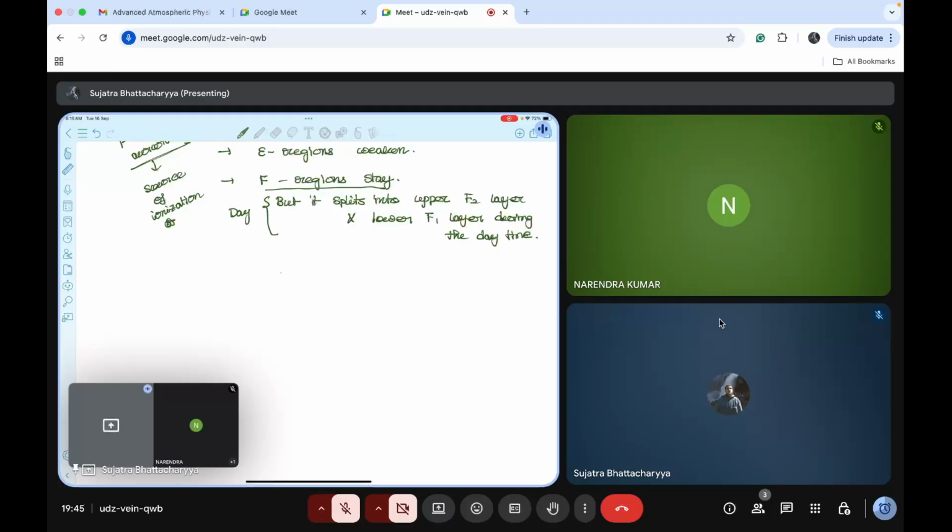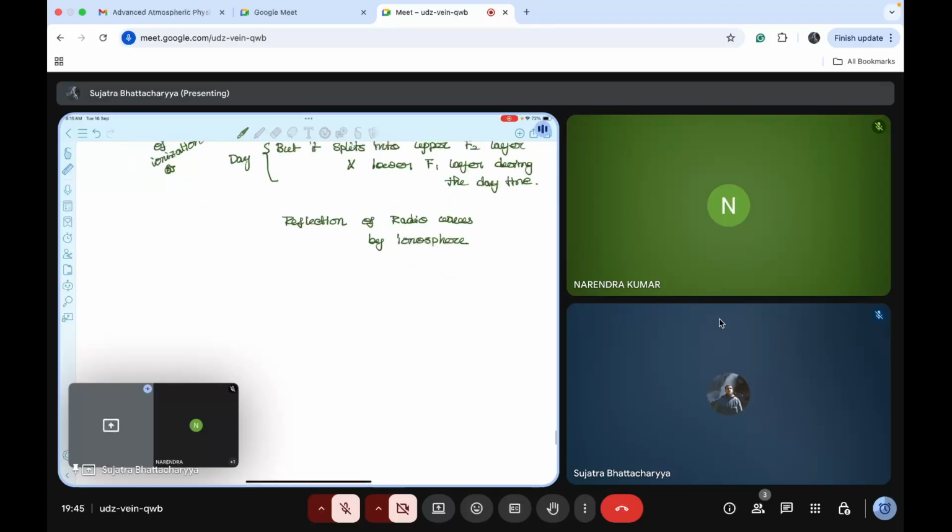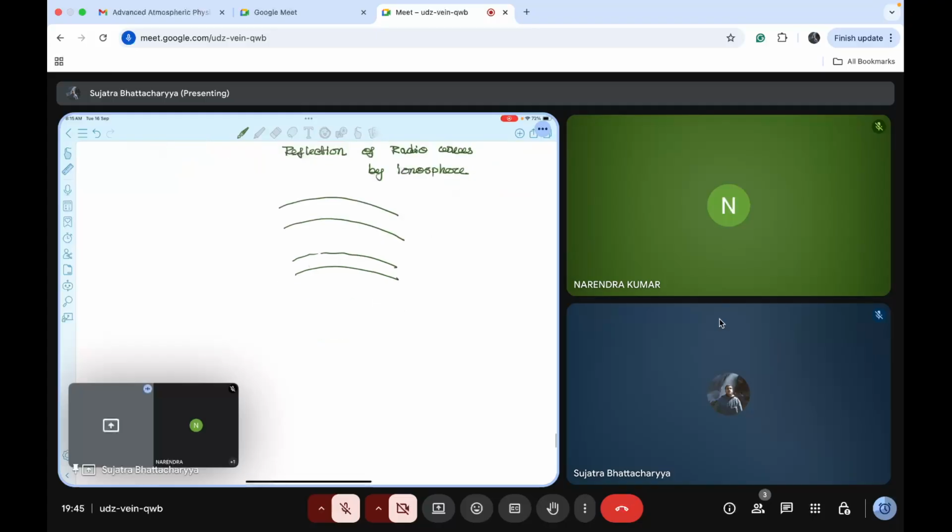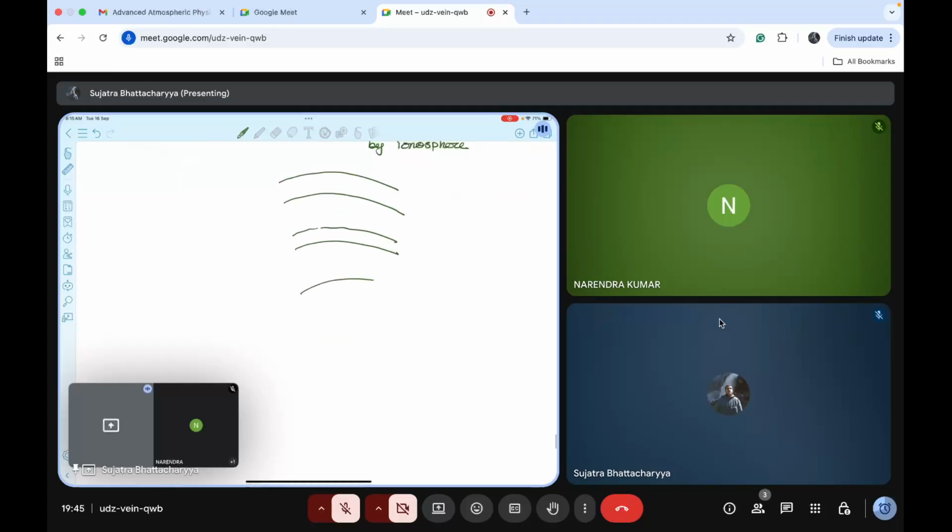So one diagram which I wanted to show, since there is time, is how the reflection of radio waves happens by the ionosphere, although it is there in the lecture. So different layers. Suppose you have F layer, then you have E layer, and there are several other layers.